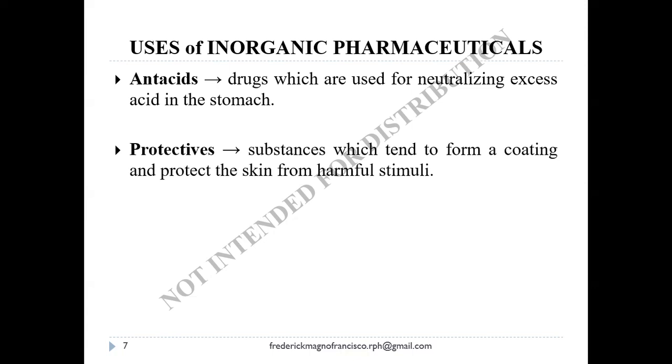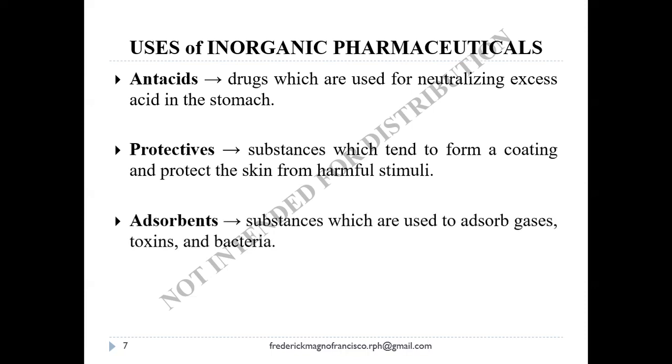Example of a protective is zinc oxide. Adsorbents. These are substances which are used to absorb gases, toxins, and bacteria in the upper gastrointestinal tract, facilitating its excretion via the feces. Example of an adsorbent is activated charcoal.